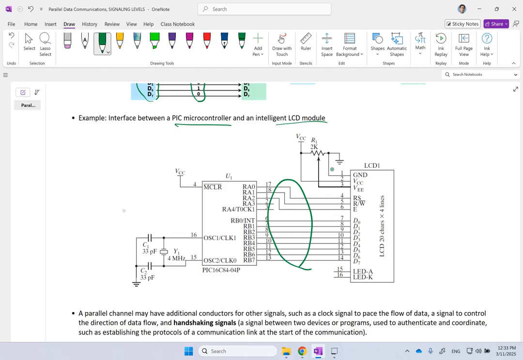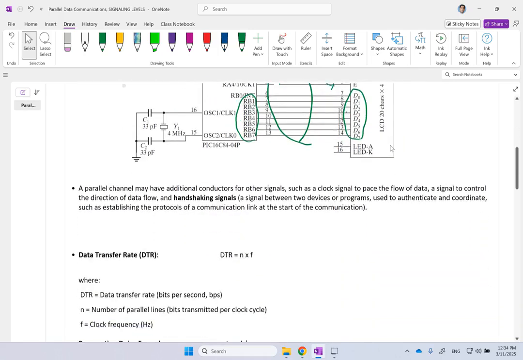You see that all of this information here, RB1 to RB7, is going to here, and there are sometimes some extra wires in addition to data, which I'm going to talk about. But in general, you see that this communication is done by parallel communication.